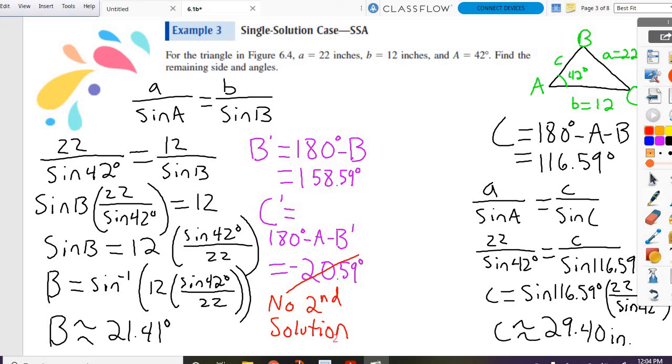Because this one asks us to find the remaining sides and angles. Like if the question just said find big B, then you would just have to find 21.41 and then your second option would be 158.59. So it just depends on what the question asks you to find. Does that make more sense? Other questions?